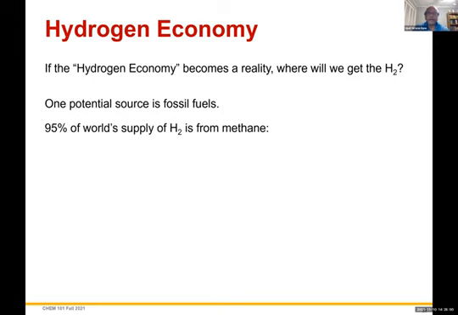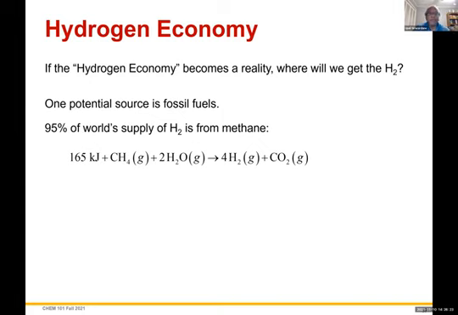Right now, what we do is take natural gas and do steam reforming, heating it up with steam, with water, to produce hydrogen and carbon dioxide. So that is the process, but it still produces carbon dioxide.